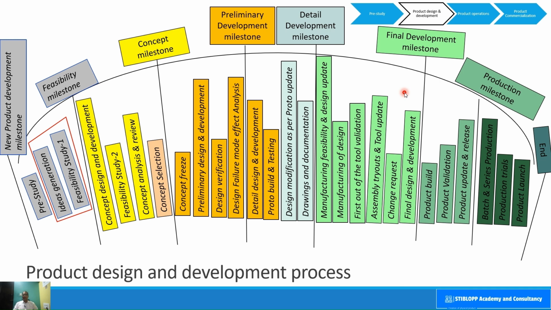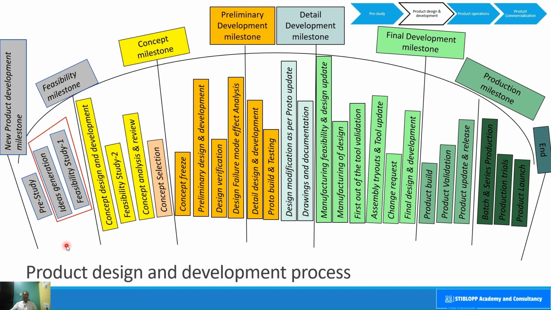And once the final design modifications are carried out, we submit that to the batch and the series production, followed by the production trials and the product launch. Okay, so this is all about the product design and development process. You might wonder why I have given the different colors.